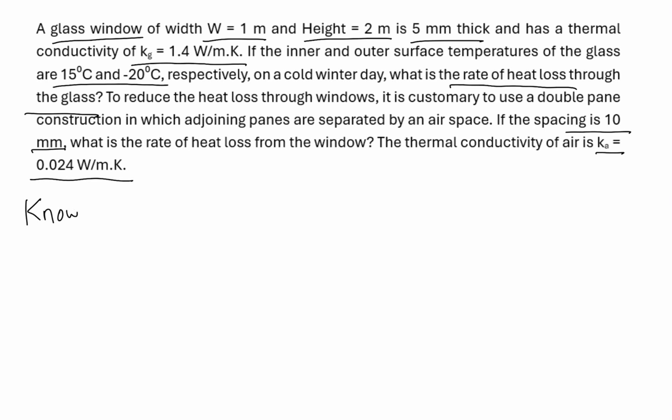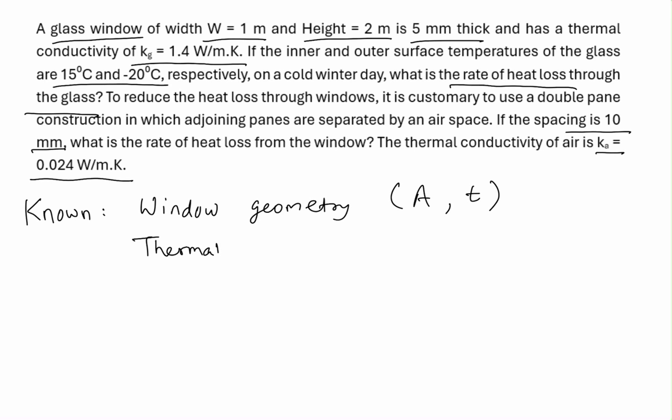So the known parameters in this case are the window geometry. We know the cross-sectional area because we know width and height, and we know the thickness of the window. Then we know the thermal conductivity for the window, which is kg.